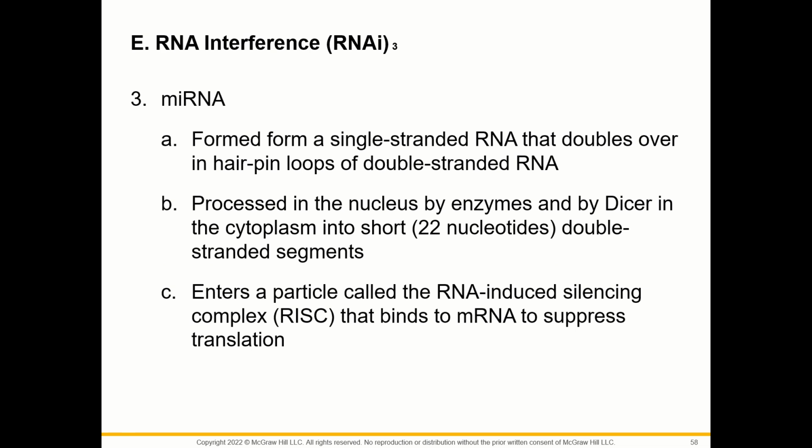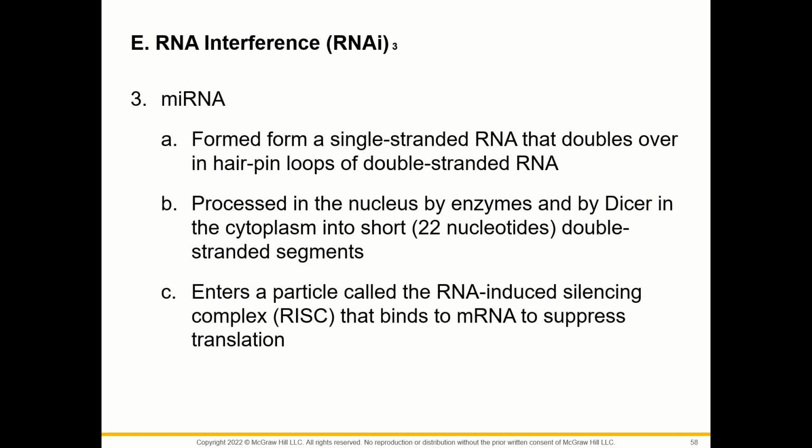Then we have the microRNA, or miRNA, formed from a single-stranded RNA that doubles over in hairpin loops of double-stranded RNA. It's processed in the nucleus by enzymes and by the dicer in the cytoplasm into short 22 nucleotide double-stranded segments. It enters a particle called the RNA-induced silencing complex, or RISC, that binds to mRNA to suppress translation.